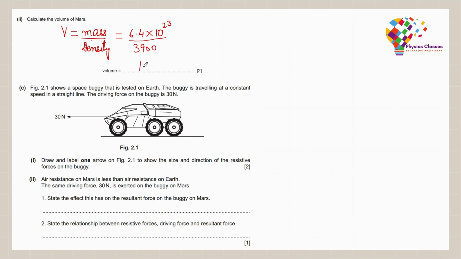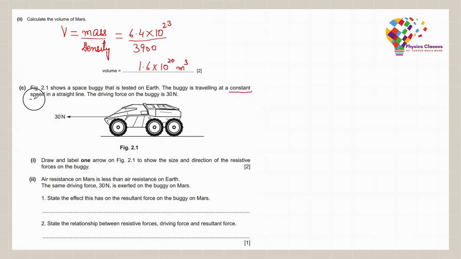And the density has been given to us as 3900 kgs per meter cube. So we simply divide these two and we get the volume as 1.6 into 10 to the power 20 meter cube. Again, units are very important.